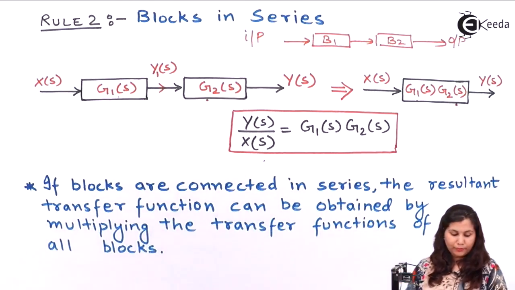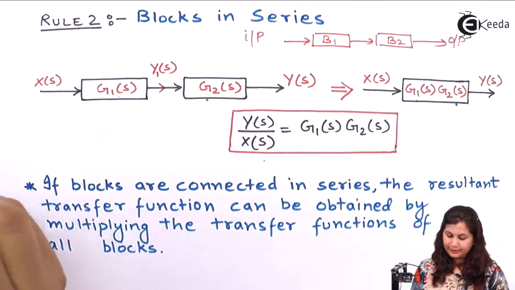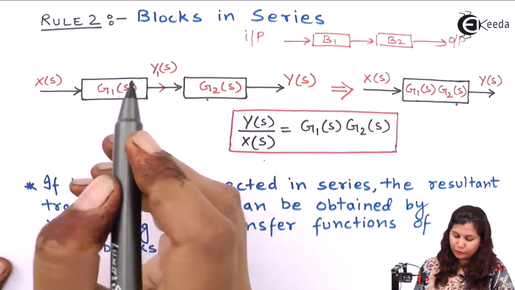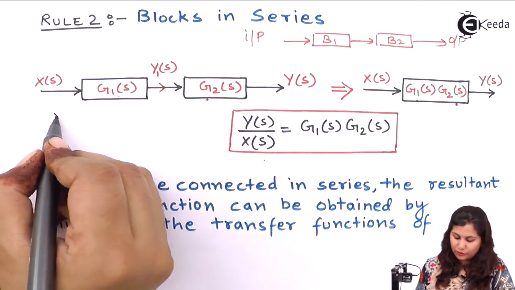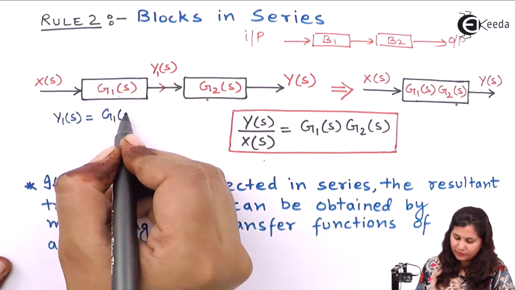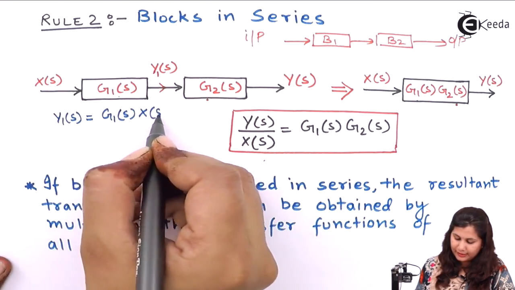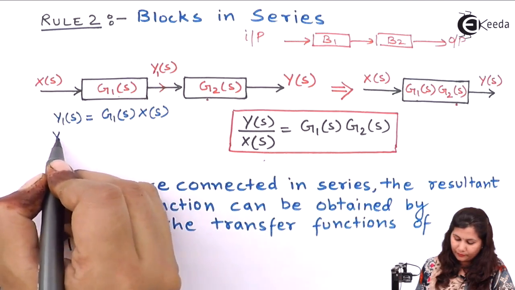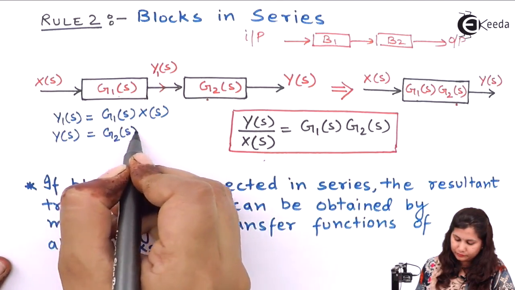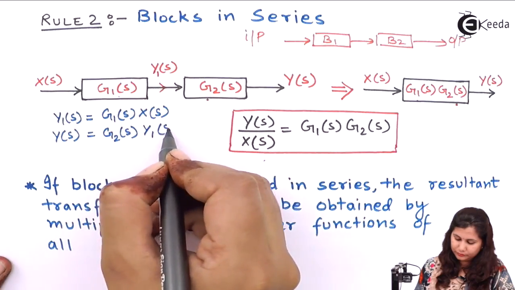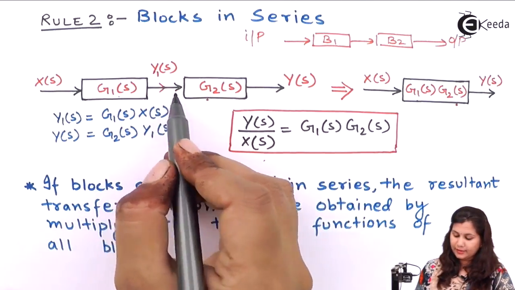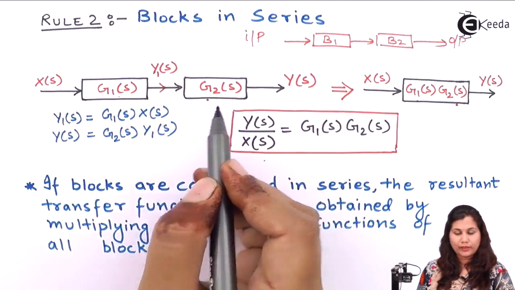We can also prove this. Let us suppose the output of the first block is Y1(s). So Y1(s) will be equal to G1(s) X(s). Y(s) is Y1(s) multiplied with G2(s).